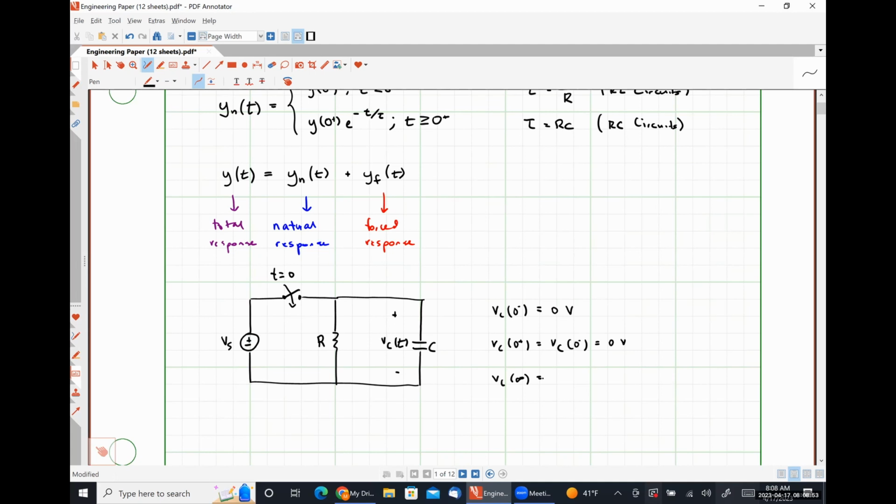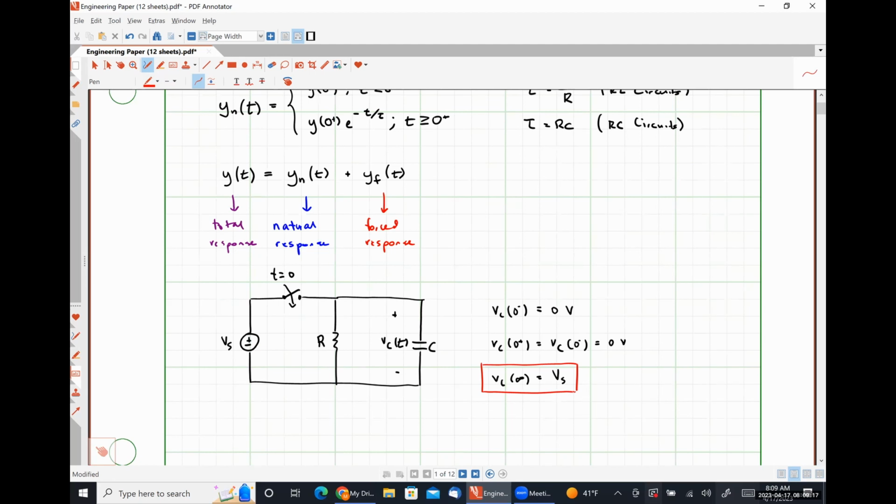What will the voltage drop across the capacitor be a very long time after the switch has closed? Vs. This is our forced response. That's literally it.